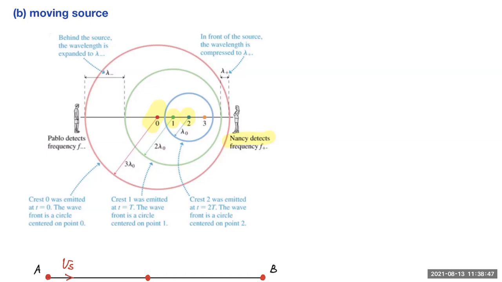And then finally, the source reaches point 3, the orange dot. That is when it is barely starting to emit a wave. The circle created is 0 in radius, so we didn't even draw it. So again, the source went from point 0 to point 1 to point 2 to point 3. Every time it reaches a new point, it emits a new wave. So how many wavelengths did it emit?